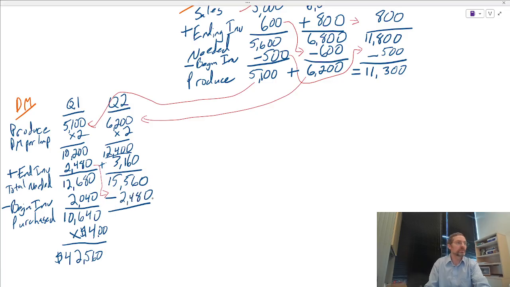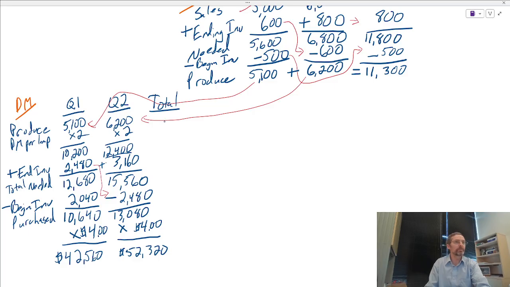Which means we need to purchase 13,080 pounds during the second quarter. Again, let's translate that to dollars. $4 per pound. That's 52,320.